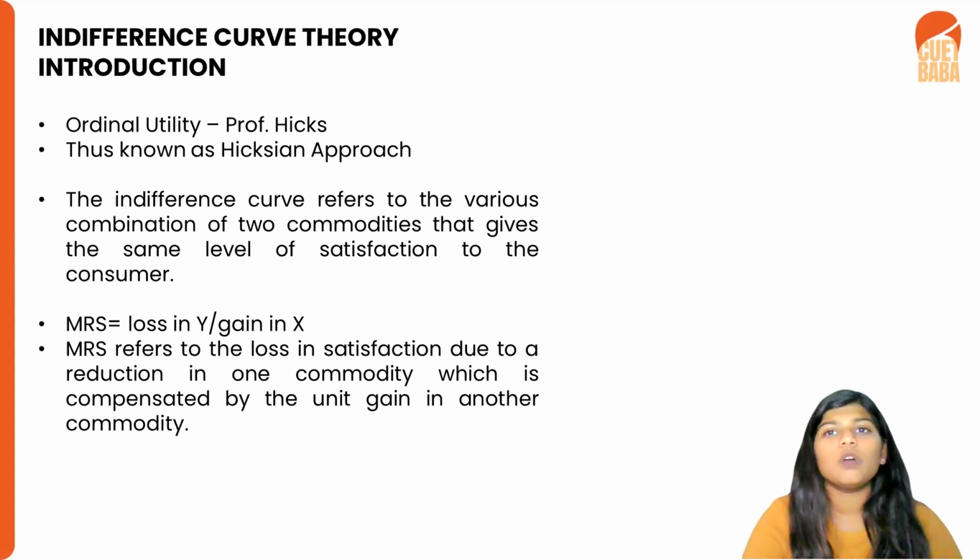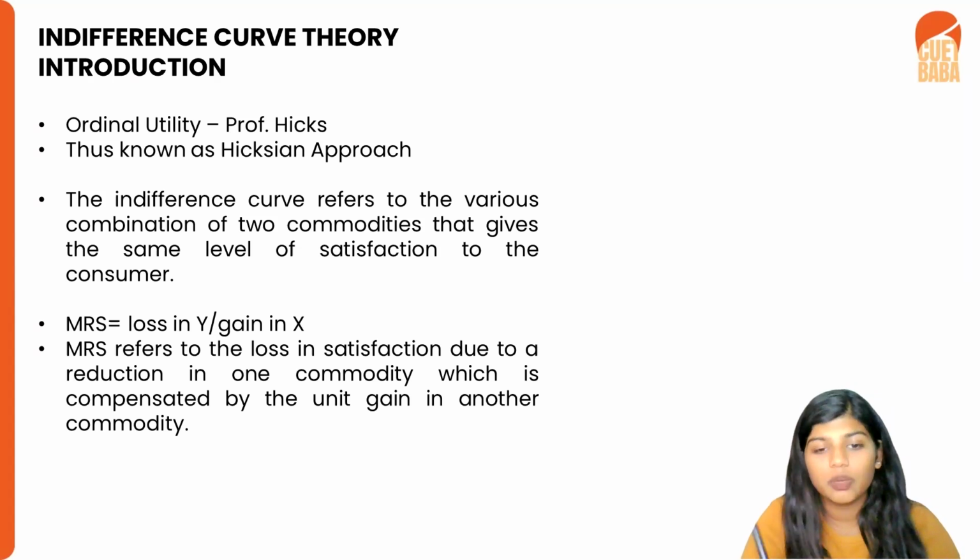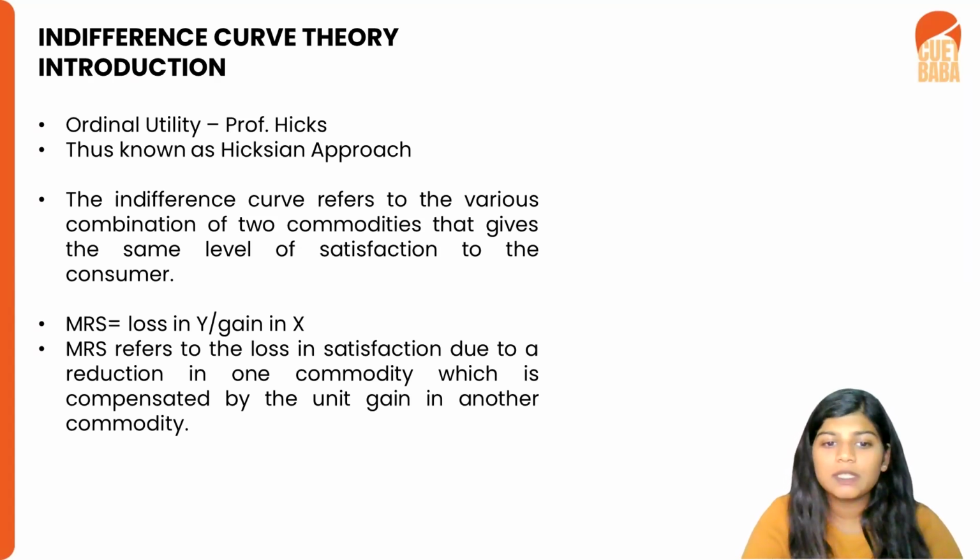All these commodities in pairs of two give an equal level of satisfaction or utility to the consumers. This rate can be measured with the help of the marginal rate of substitution. It refers to the loss in satisfaction due to a reduction in one commodity, which is compensated by the unit gain in another commodity.